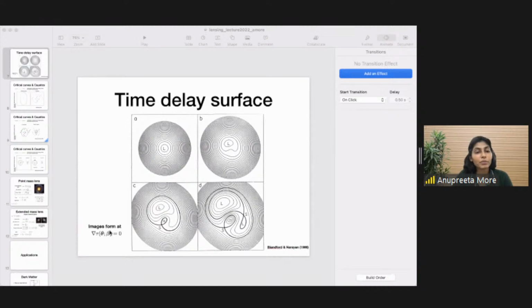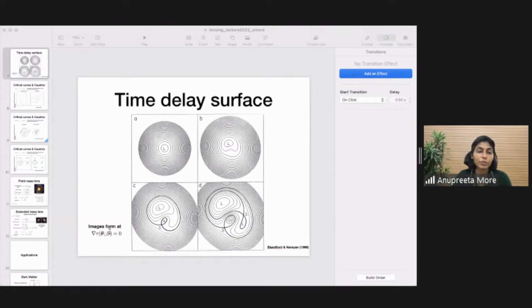The question that was there on the YouTube channel was, what do you mean by putting constraint on the Hubble constant? What I mean by that is just measuring the Hubble constant. There are other methods in the literature where they measure the Hubble constant, and putting a constraint just means that we have some prior knowledge about what the Hubble constant is, but now we want to measure it more accurately.